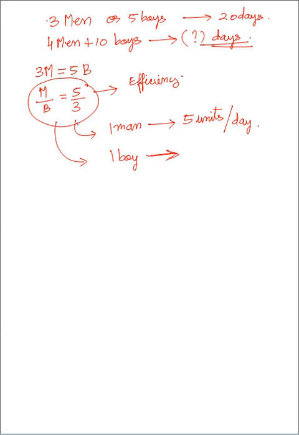The time will be same, but the units will be less because boy's efficiency is less. So a boy will complete only 3 units per day, but at the same time per day a man will be able to complete 5 units. Now we know the efficiency also.